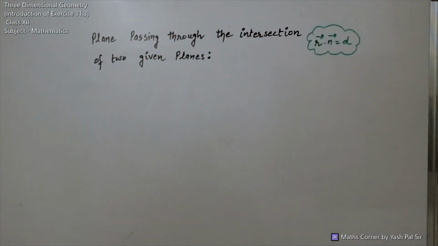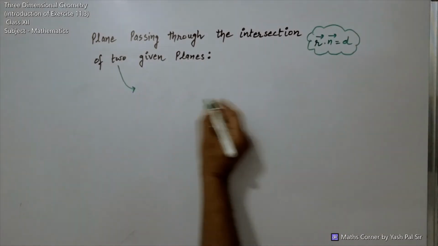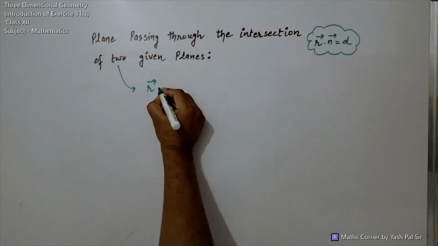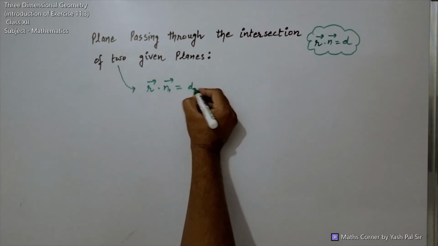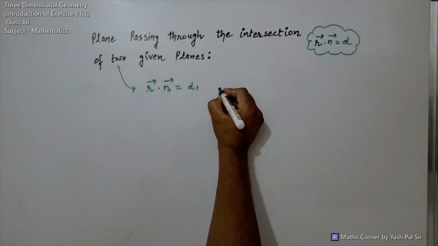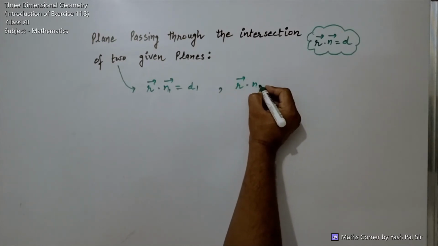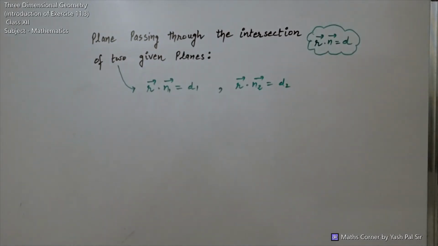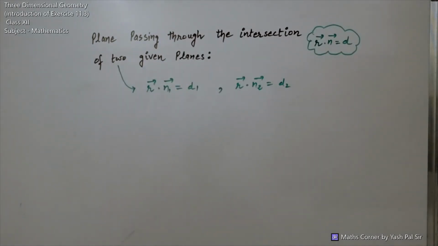This is the standard form of the equation of the plane in normal form. So here we consider two planes. The first plane is vector r dot n1 is equal to d1, and the second plane is vector r dot n2 is equal to d2, right?